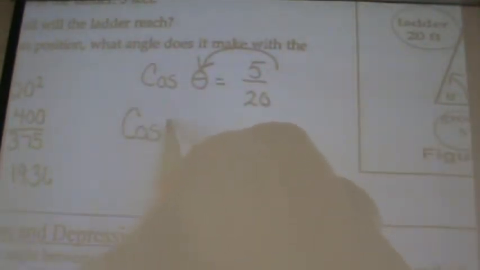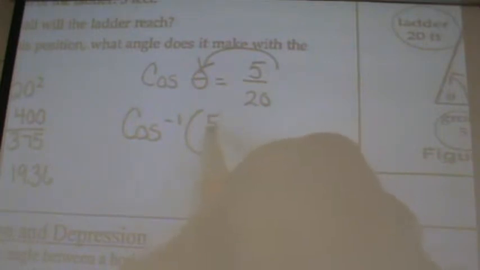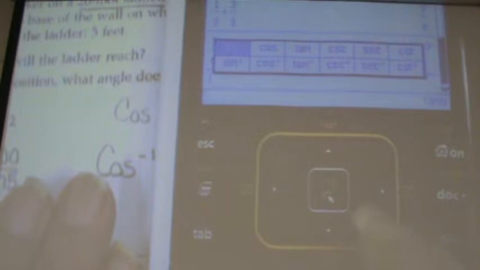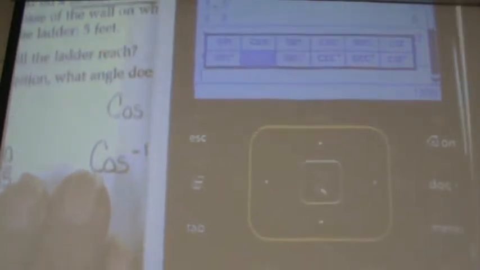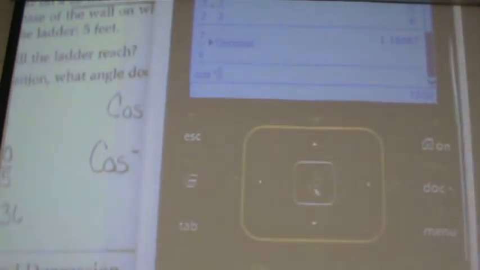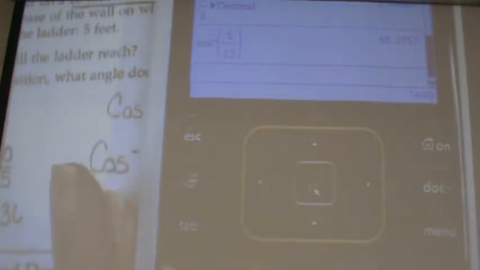You want this right there in your calculator. Now on the Inspire, how do you do that? You're going to hit trig, it's that button right there, cosine, and then 5 over 12. Enter.